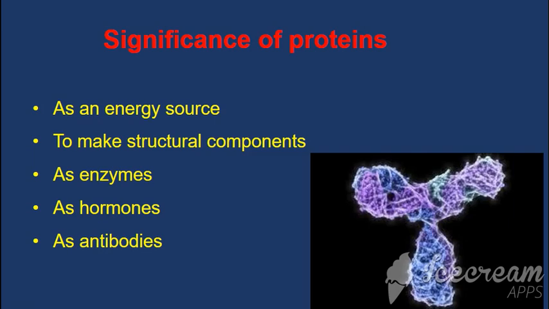In addition to these, snake venom is also a protein, and most of the pigments are proteins. From the next part of this video, we'll discuss more about these functions.